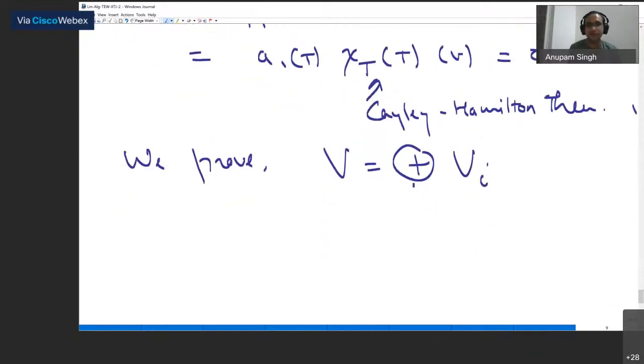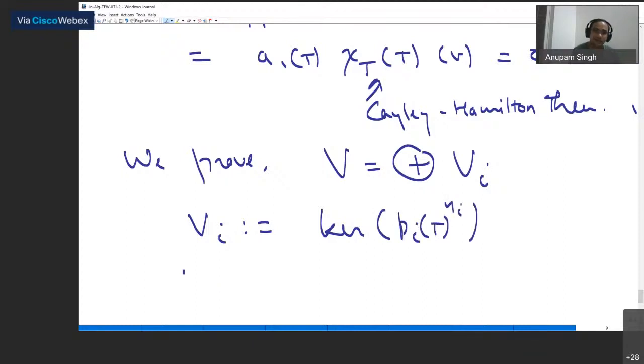And the way we have defined this Vi, you can see that if I restrict, so how are the Vi defined? Vi is supposed to be the kernel of pi t to the power ni. You can see that T of Vi is clearly inside Vi. Because if I take any vector from this, apply T, it will still make 0 because this is supposed to be a kernel, right? So this is also true.